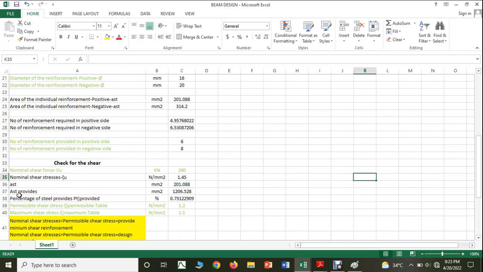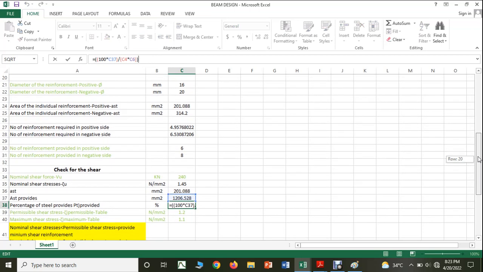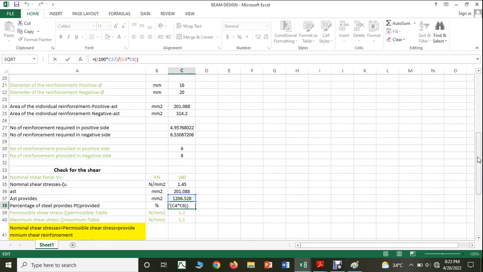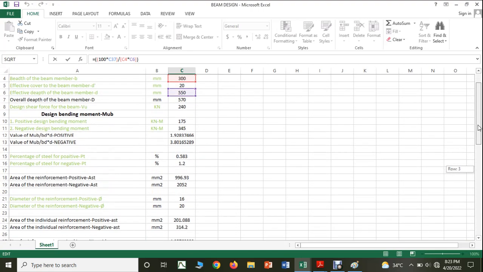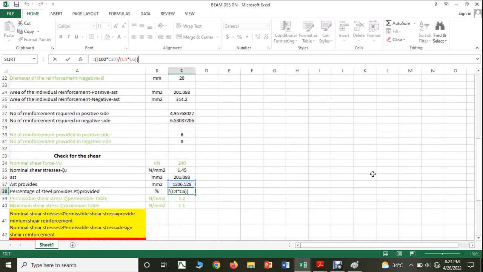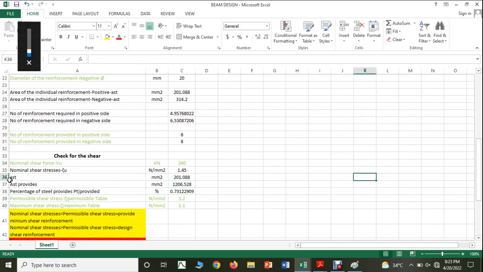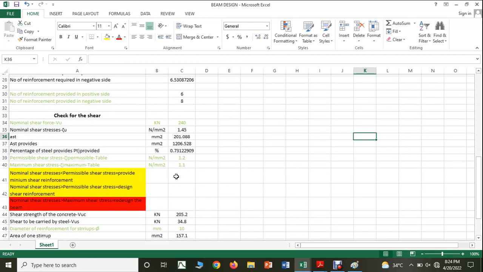So if you see the Ast provided, this is the actual percentage of steel that you are going to provide. Still if you have a doubt, you can check the actual percentage of steel, where C4 and C6 will be your breadth and depth. Okay, you can see the nominal shear you got, and the Ast is nothing but the area of the one reinforcement.